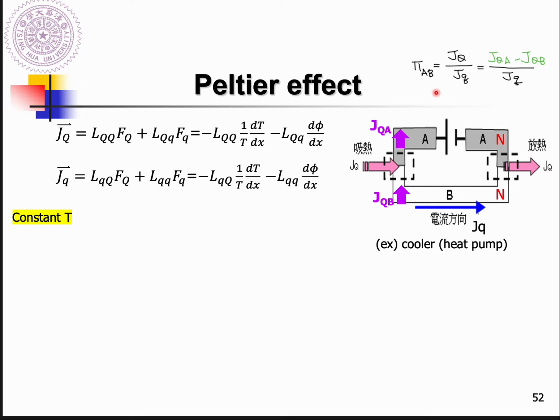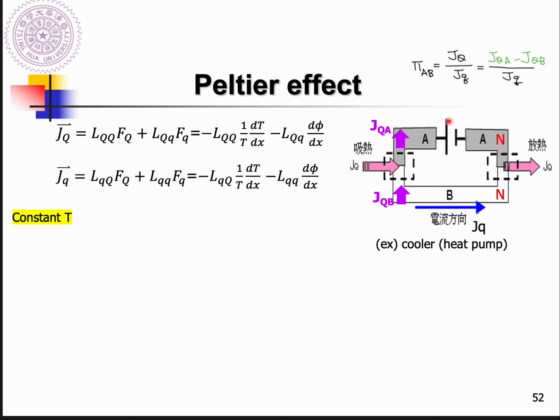Okay, so next, I'm going to demonstrate what the relationship is between the Peltier coefficient and the coupling coefficient in this Peltier effect. So first of all, we write down there are two possible driving forces. For sure, there's an electrical current.